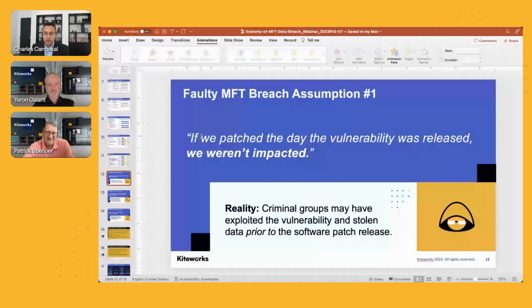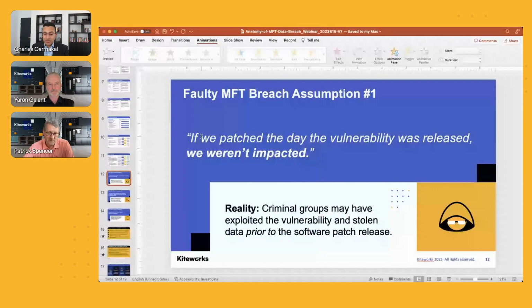Yeah, so there are a few events that have occurred over the past few years where a security patch has been released, and maybe organizations are quick to apply the patch, but the reality is there was a mass exploitation event that occurred before a patch was released.